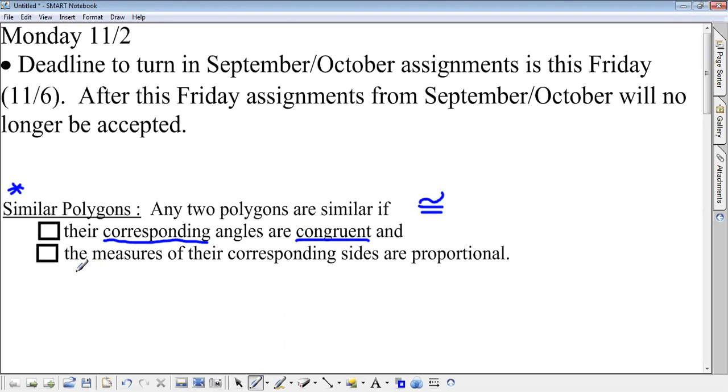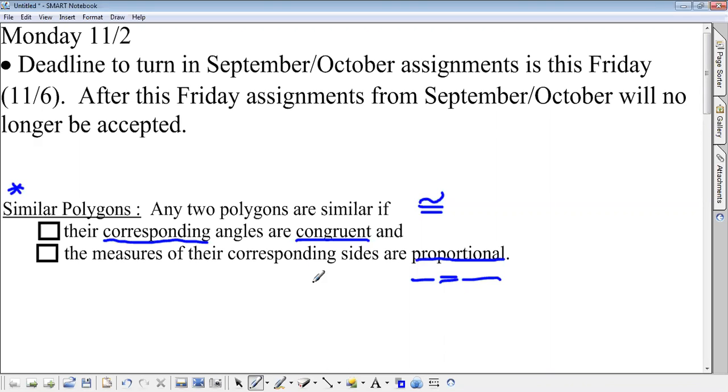Okay, the measures of the corresponding sides are proportional. What proportional means for us is one fraction equal to another fraction. So one fraction will be equal to the other one.